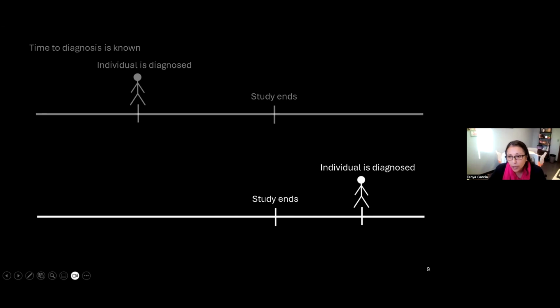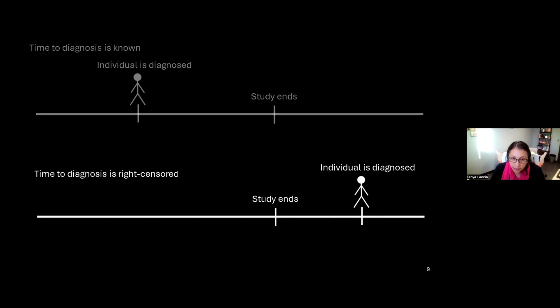We just don't know when. So in that case, their time to diagnosis is not known. Even though we don't know when exactly this individual will be diagnosed, we do know that it will happen sometime after the study ends, or to the right of the study ending. And so for that reason, we say that their time to diagnosis is right-censored.